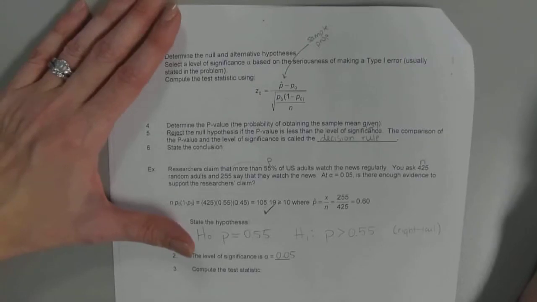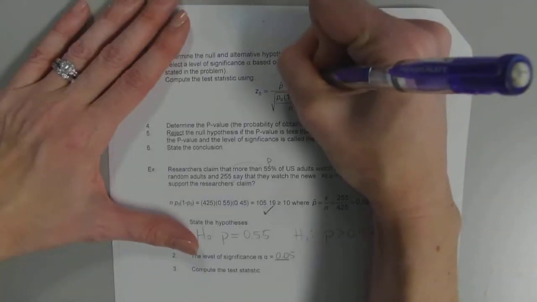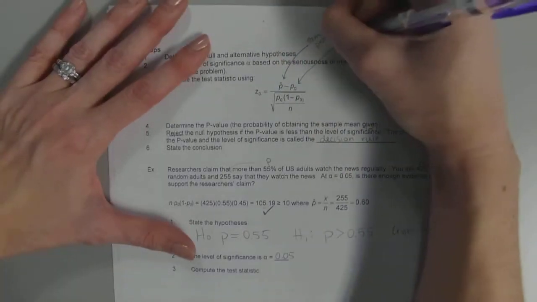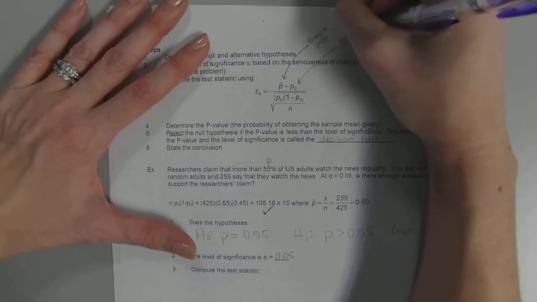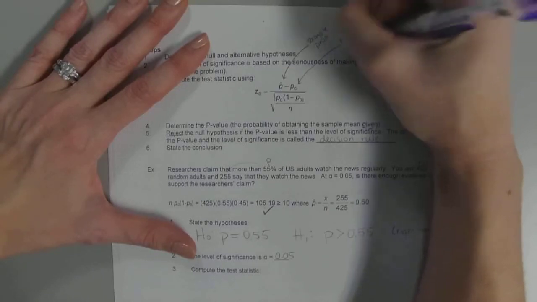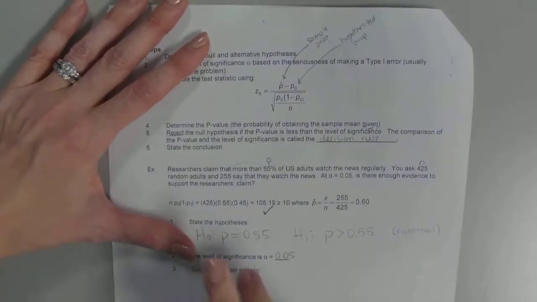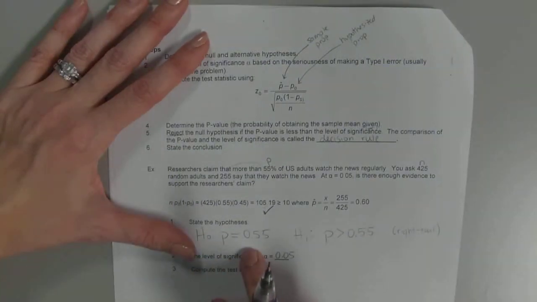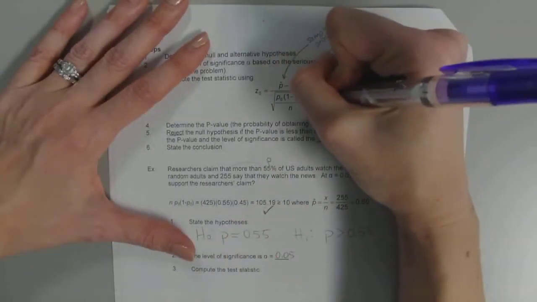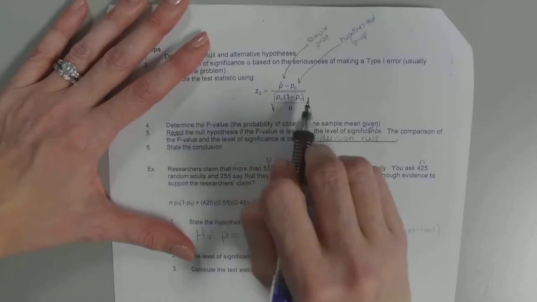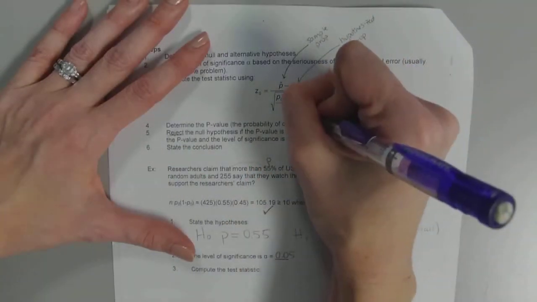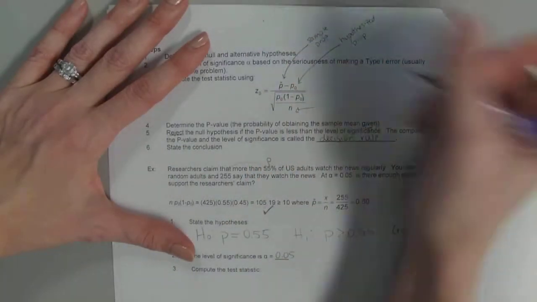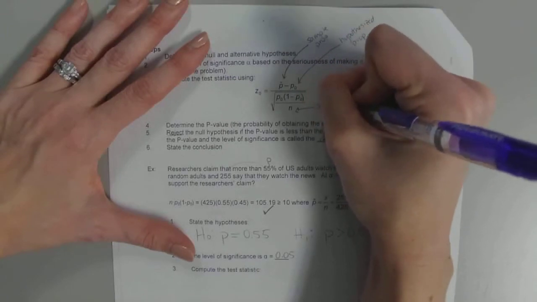So p hat is your sample proportion, what you found. P naught is your hypothesized proportion. In this case, what is that? 55%. We use p naught here, here, and here, and then what does n stand for? Sample size.